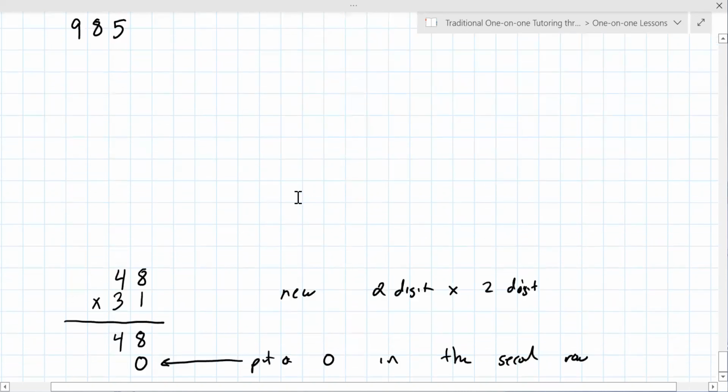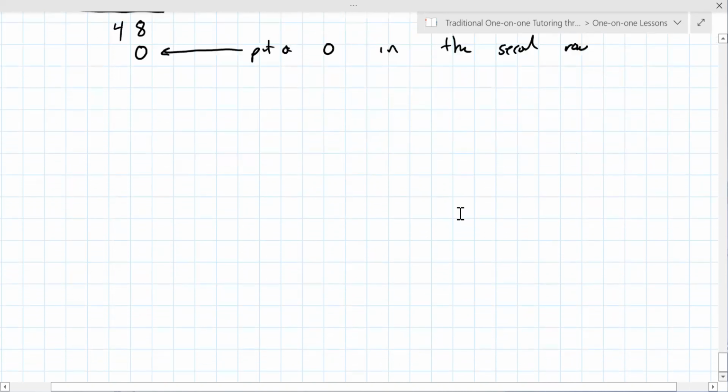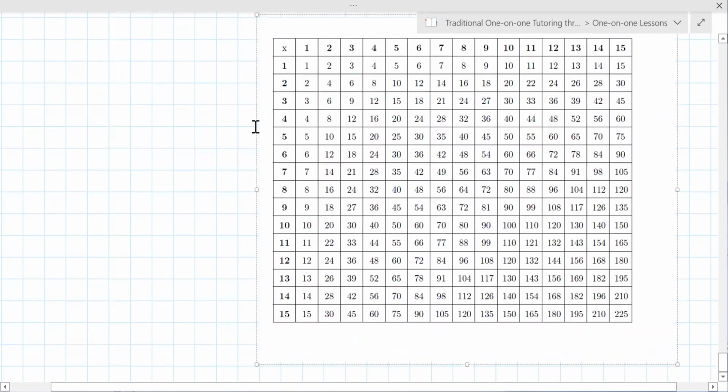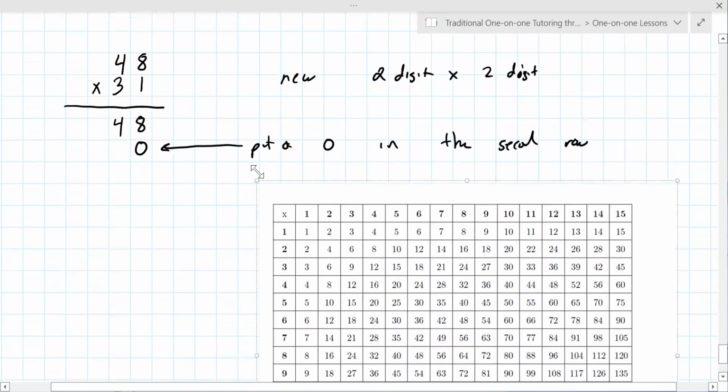Yeah. Okay. Let me grab it here. All right, what is 3 times 8? 24. Okay, so you put a 4 down here with a carry of 2, and then you take the 3 and you multiply it by the 4. What is 3 times 4? 12. And then you add the 2 to it to make 14.